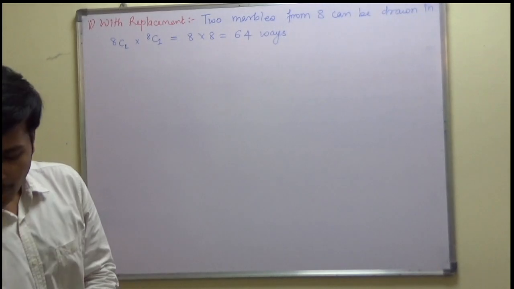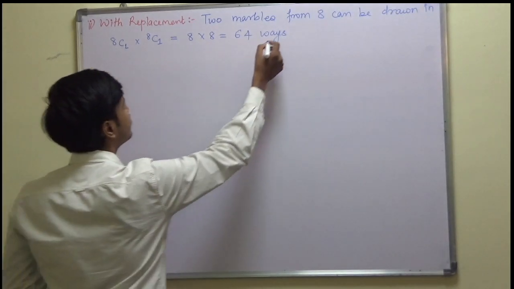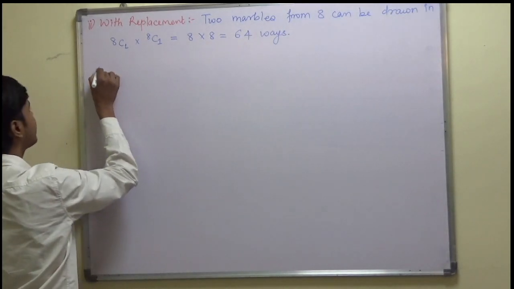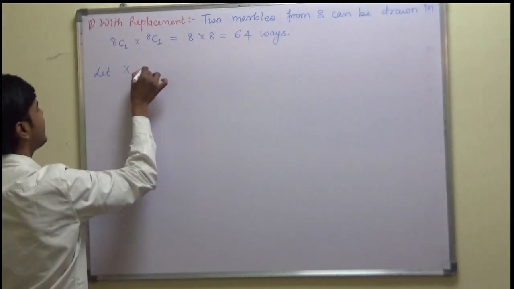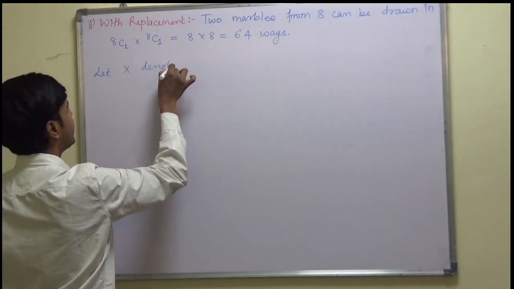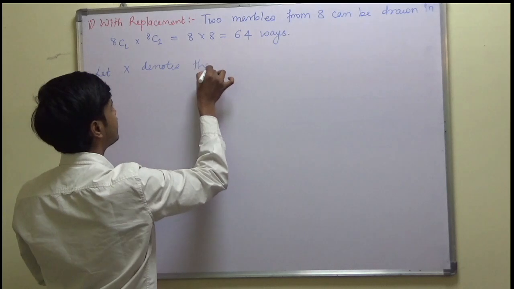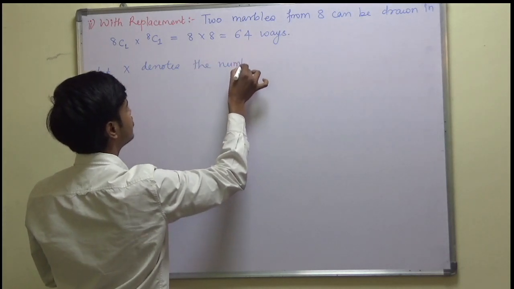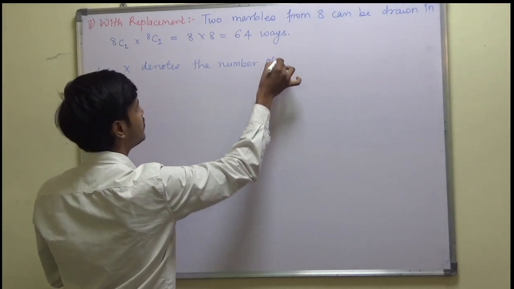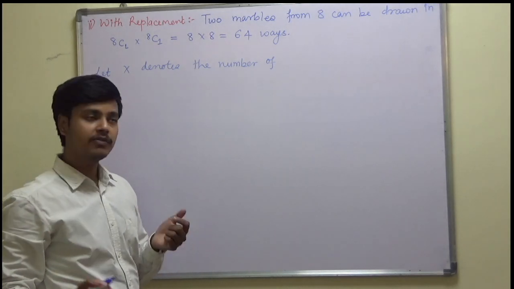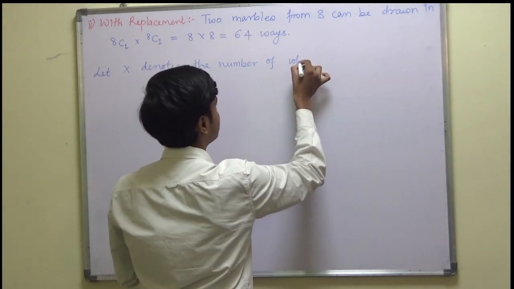Now let us denote x. What is the random variable x? Let x denote the number of white marbles. Correct.